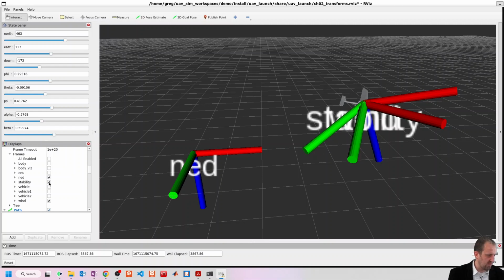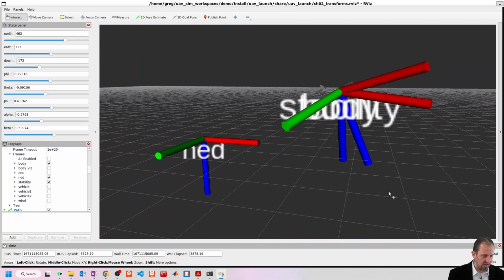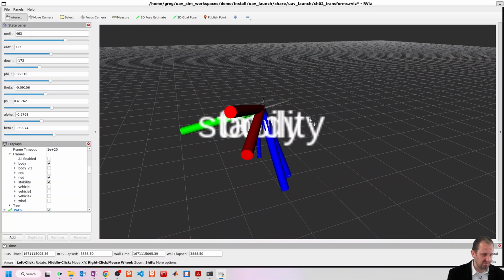If we now look at the stability frame with respect to the body frame, we could have kept our north-east-down. What we've done here is rotated about the y-axis. They share the same green axis. Let's see if I can get a different view.